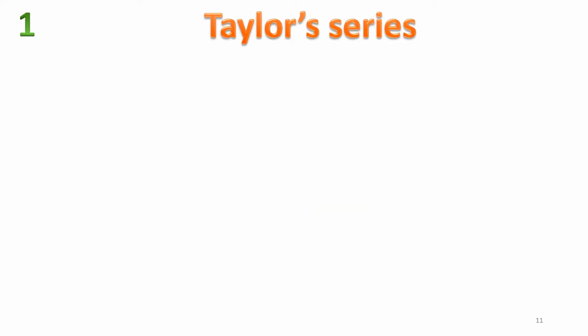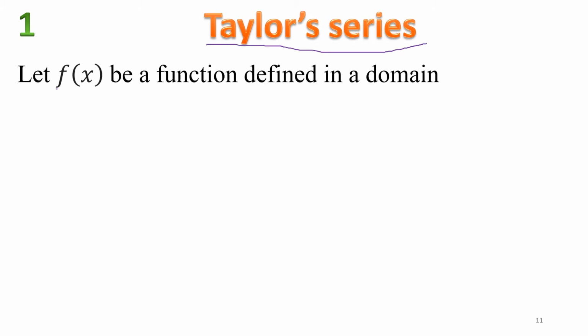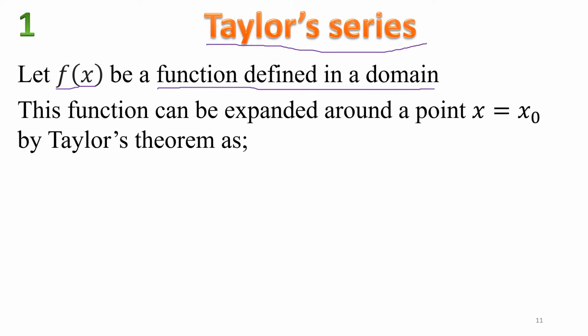Now the next point on our agenda is Taylor series. Let us suppose that f of x is a function defined in the domain of our interest. This function can be expanded around a point x equal to x0. x0 is some point where the function is present in the region around, which I'm calling the domain.